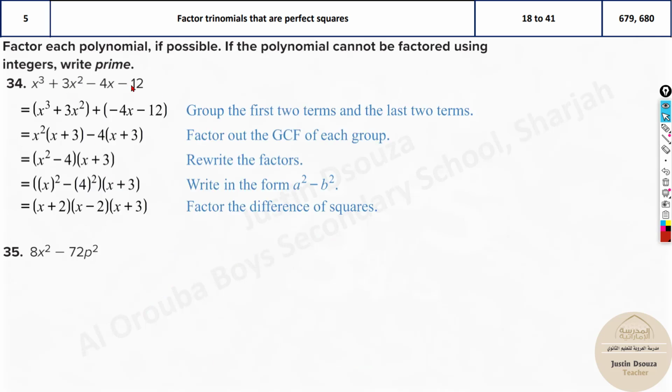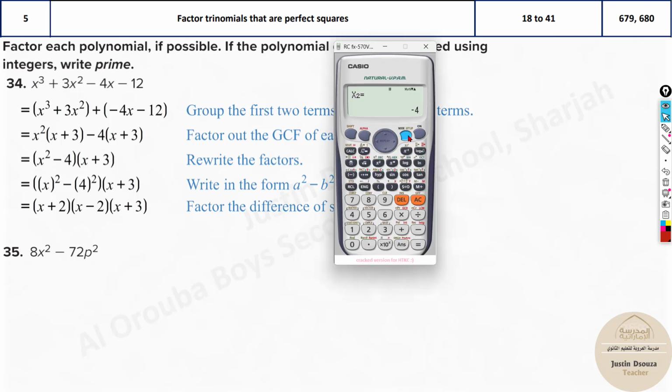Over here, if you want, you can directly solve this in calculator as well. Go to mode 5. It's a cubic problem. Cubic is given by mode 5 4. Now type the coefficients. 1, 3, it says minus 4, and lastly we have minus 12. Now see over here, x is 2, x is minus 2, x is minus 3.